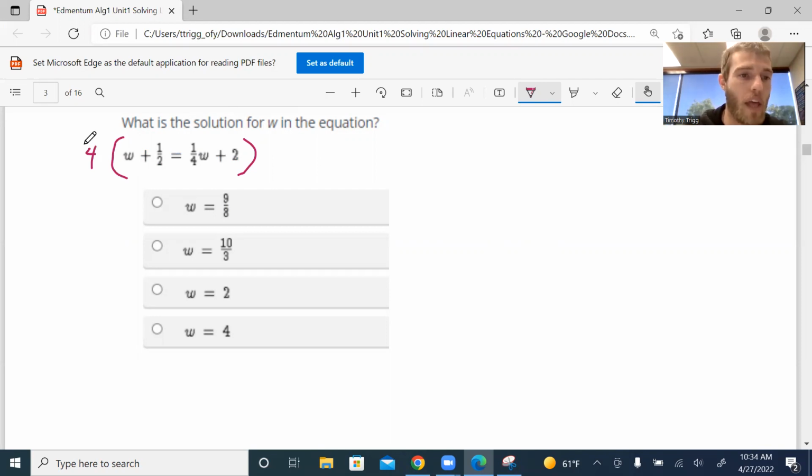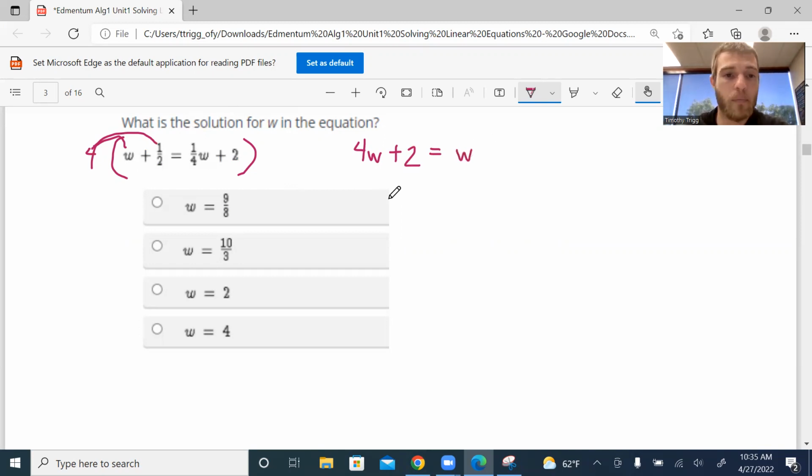So let's go ahead and do that. Let's multiply everything by 4, distributing the 4 to every single term in this entire equation. So 4 times W gives you 4W. 4 times a half, well, 4 times 1 is 4, divided by 2 is 2. 4 times 1/4, well, 4 times 1 is 4, divided by 4, that's 1W.